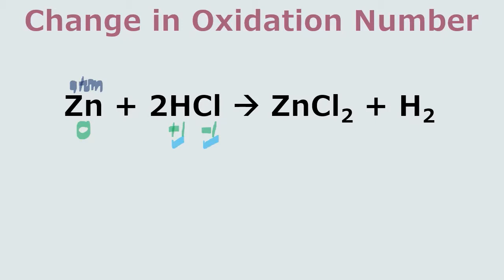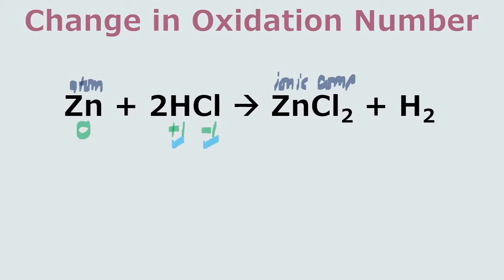On the product side, zinc chloride is ionic compound. Therefore, the particles present in the compound are ions. Zinc ion is the regular or common ion.